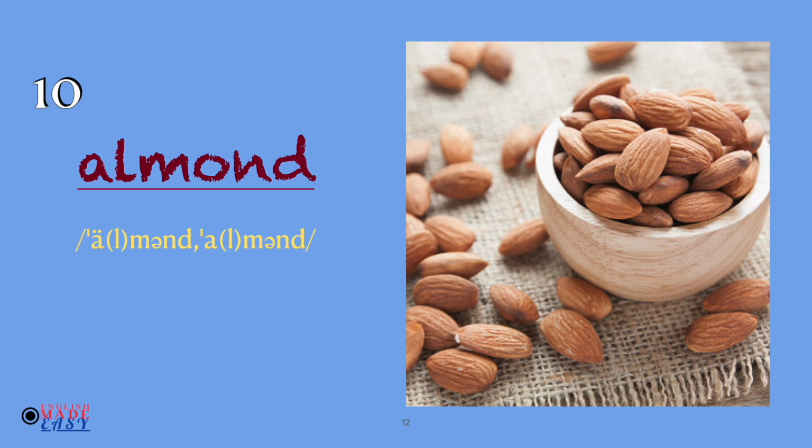In the first variation, the letter A is a stretched out A as indicated by the macron sign, whereas it's a short A in the second variation. The letter O for both variations take a schwa sounding letter E. So this word is pronounced as either almond or almond.